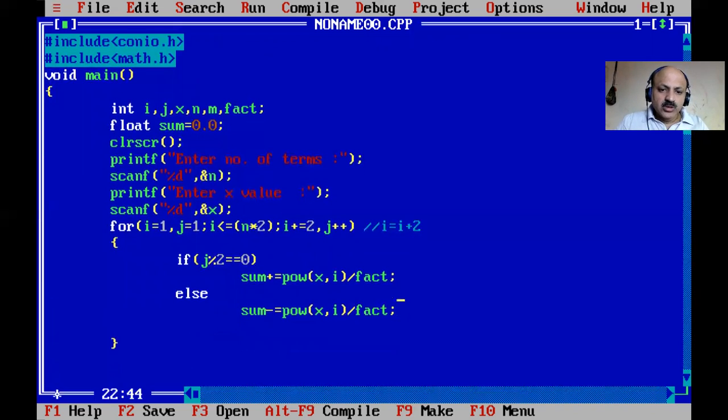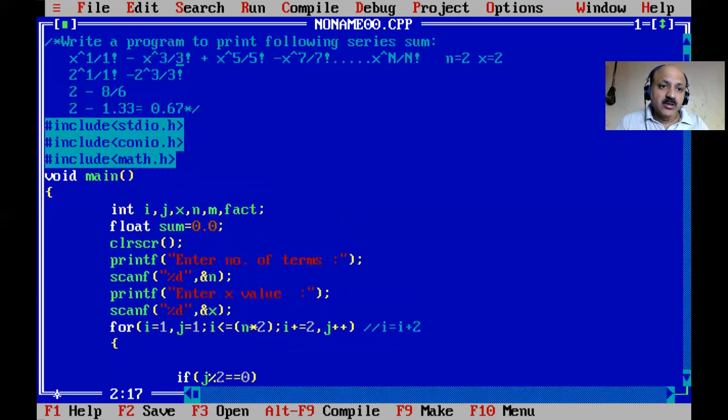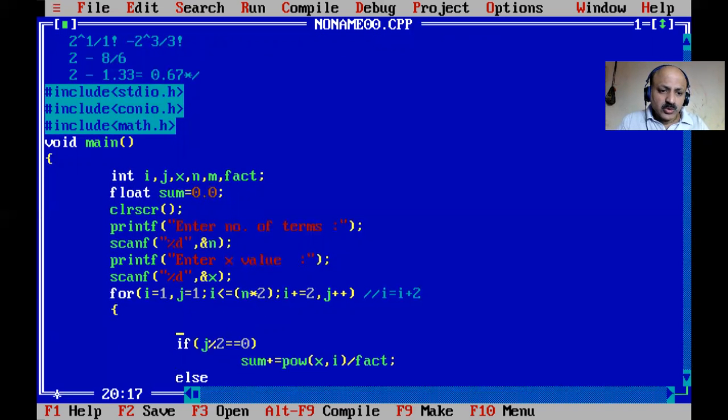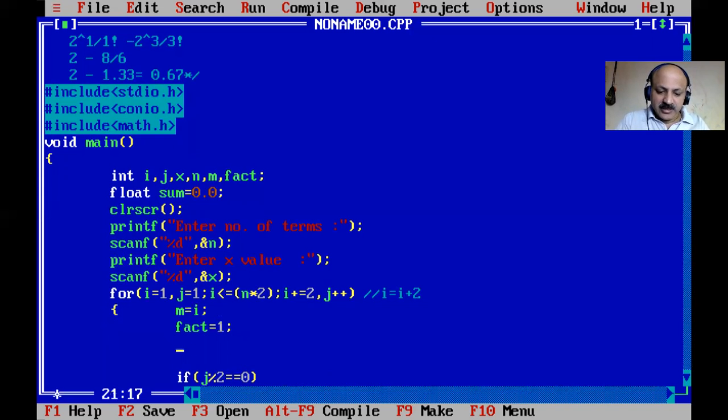So how to do it, here generally we can take factorial equal to 1, and here we can directly take 1 and then find out the factorial. So how to do it, here we can take m equal to I, and factorial assigned to 1, every time factorial starts with 1, and we can take one while loop.